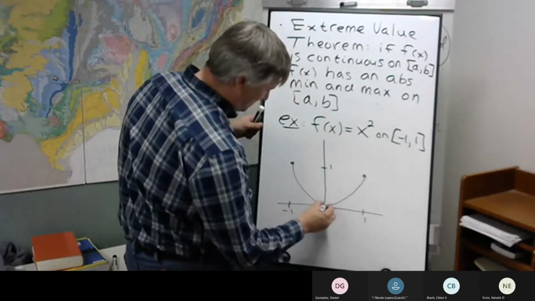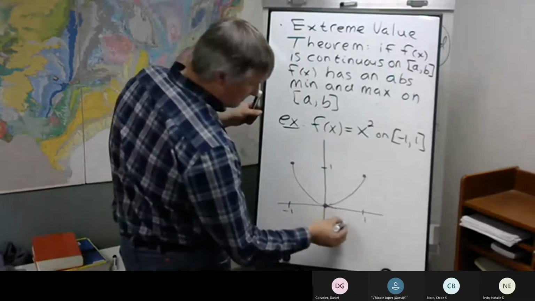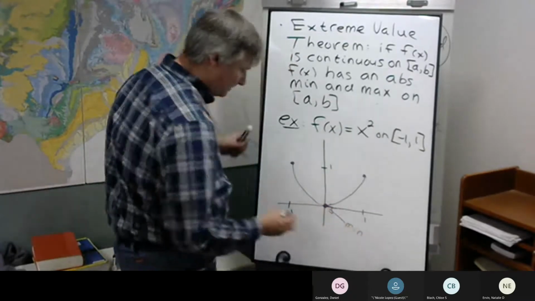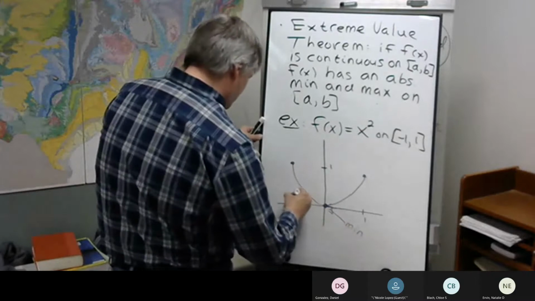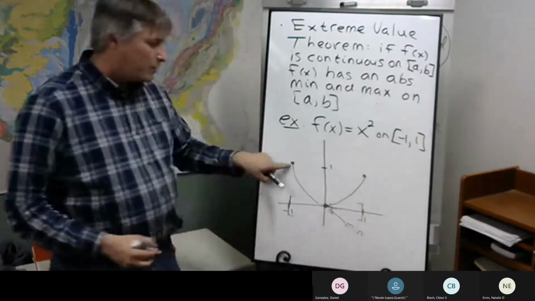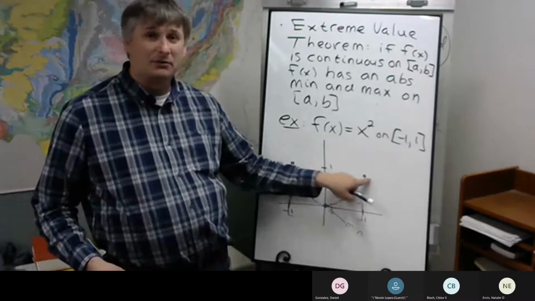There we go. So once again, we have a minimum. But because these are closed intervals, we can get to these points.